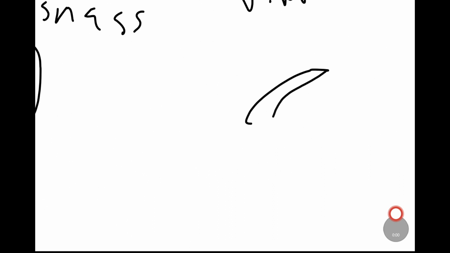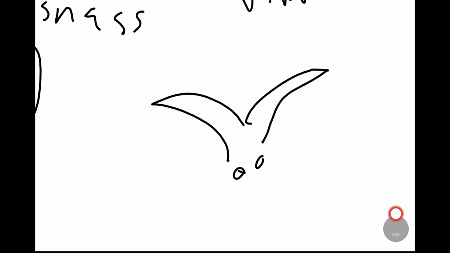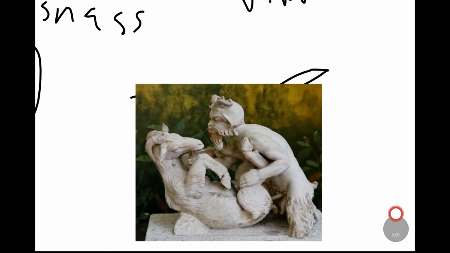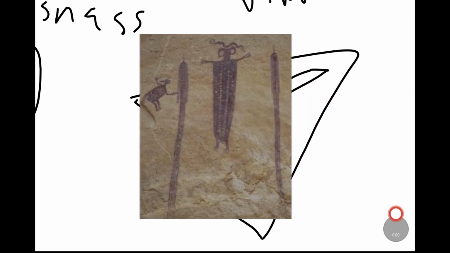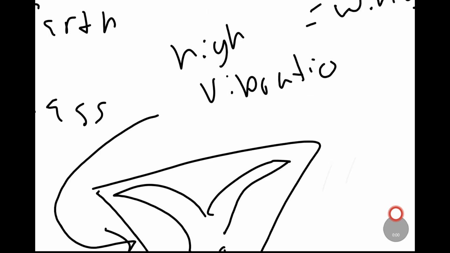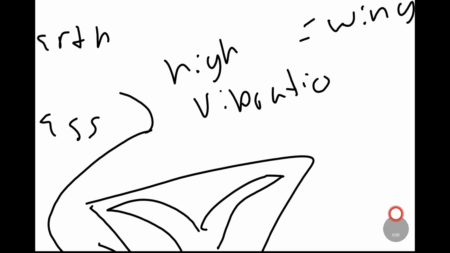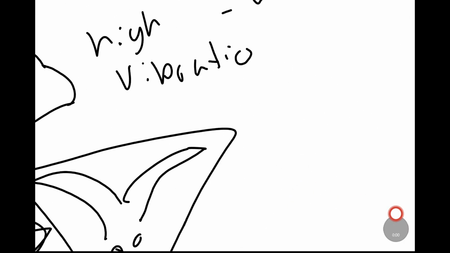So if I draw a Baphomet, a little goat down here, duality and things that dwell on the earth are low consciousness. So we start adding symbols.